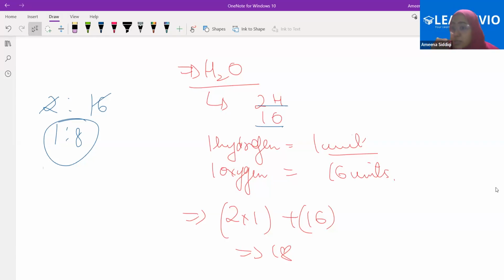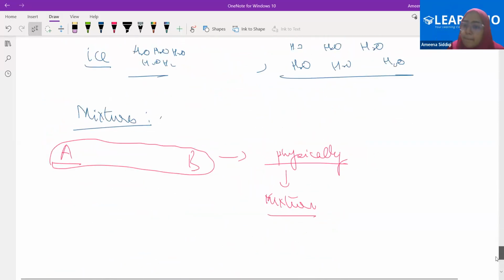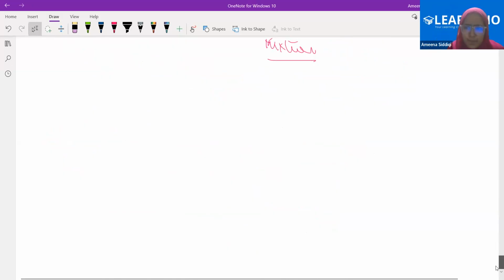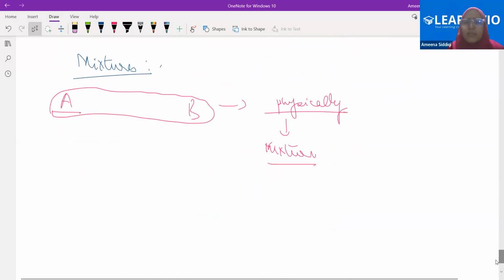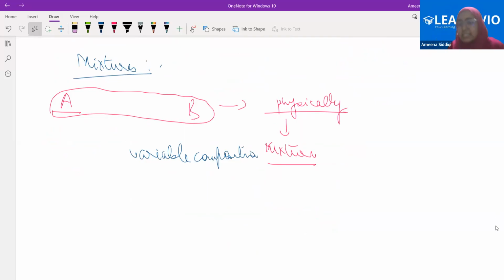There is no variable composition. Whereas in a mixture, beta, what is happening? There is variable composition, yes or no?